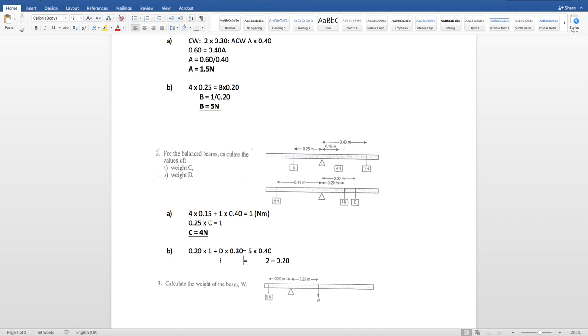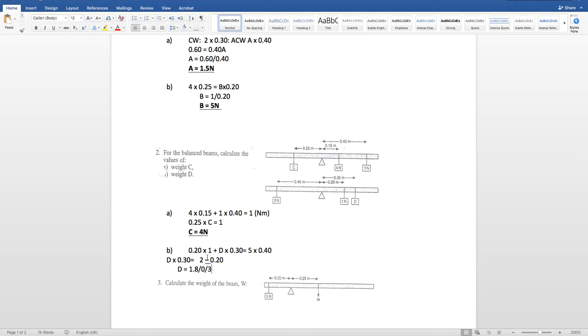That is D times 0.3. So D equals 2 minus 0.2 is 1.8. 1.8 divided by 0.3, which is 6.